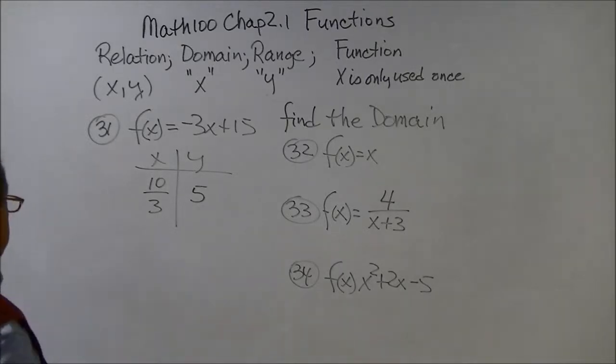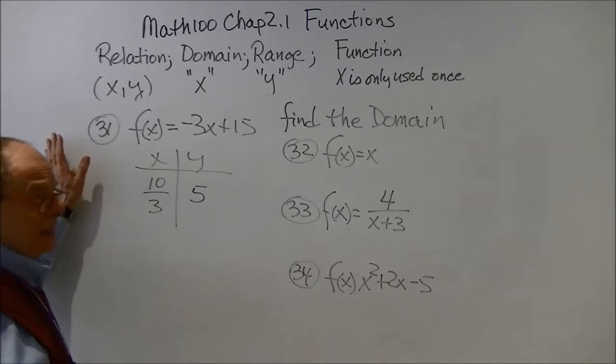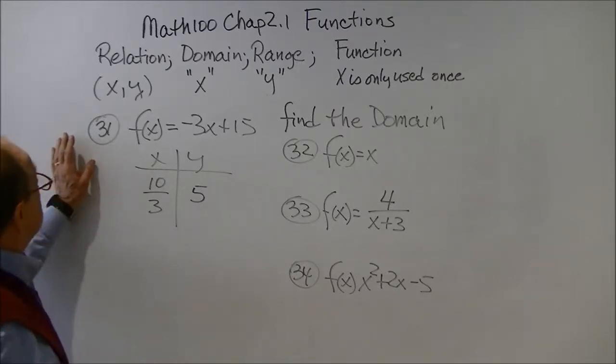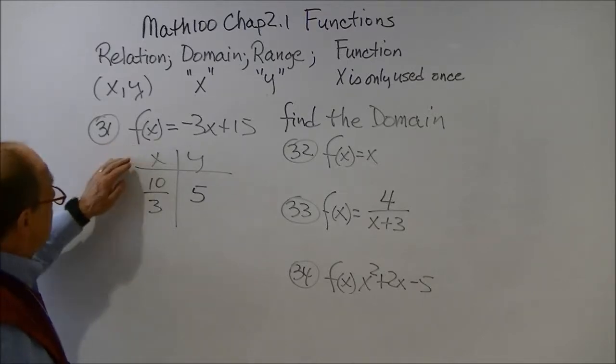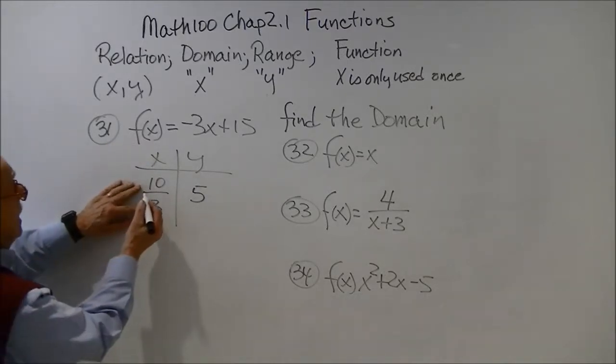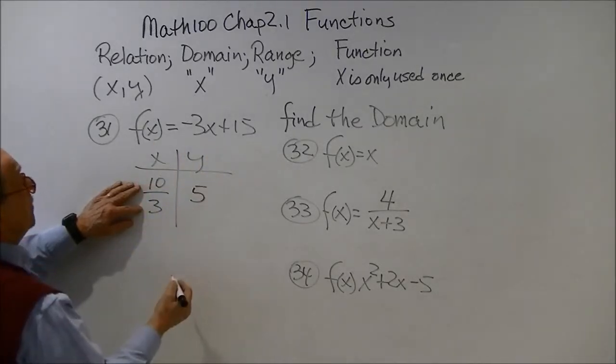Okay, as we do number 31, the previous page I deleted because there are just too many examples. And it said if f of x, where x is 10/3, what would y be?